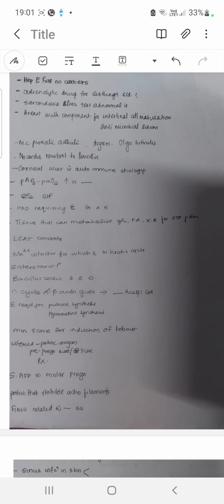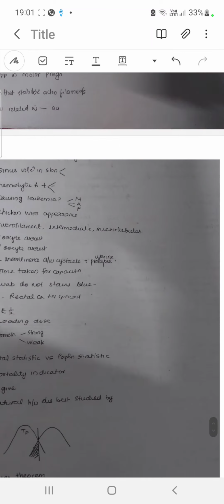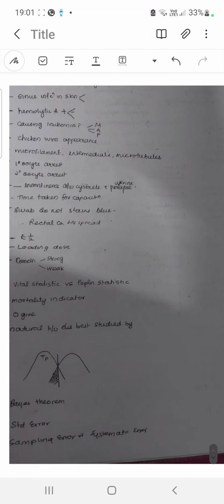Protein that stabilizes actin filament is actinin. Filaggrin is related to histidine. Sinus infection in skin, and they are saying you can have differentials like actinomycosis and botryomycosis. Sometimes in a question there will be a Gram stain negative, then it will be staph.